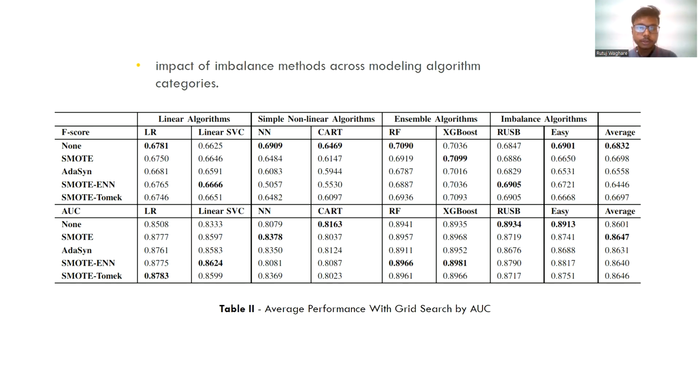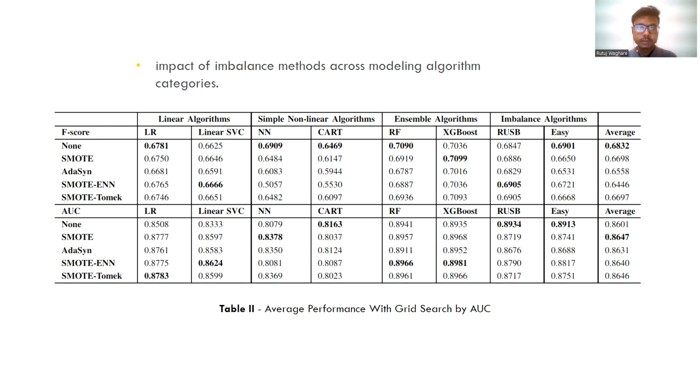The model performance measured by AUC improves after applying the imbalance method to the training dataset. With any of the class imbalance methods, the AUC improves significantly from 85.08% to 87% for logistic regression, and from 83.33% to 86% for linear SVC.